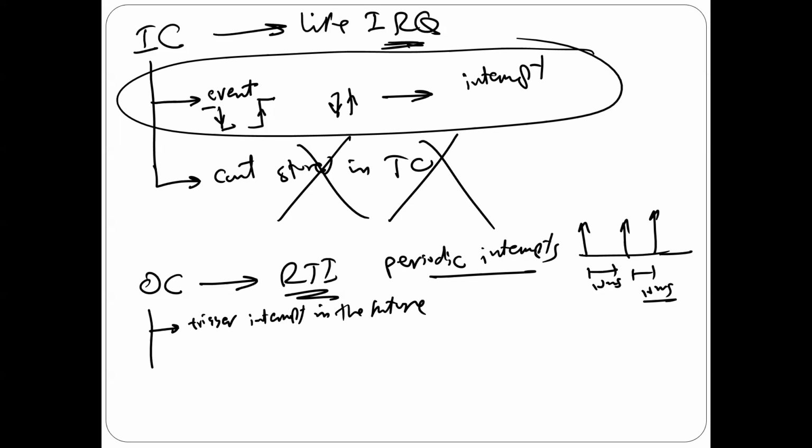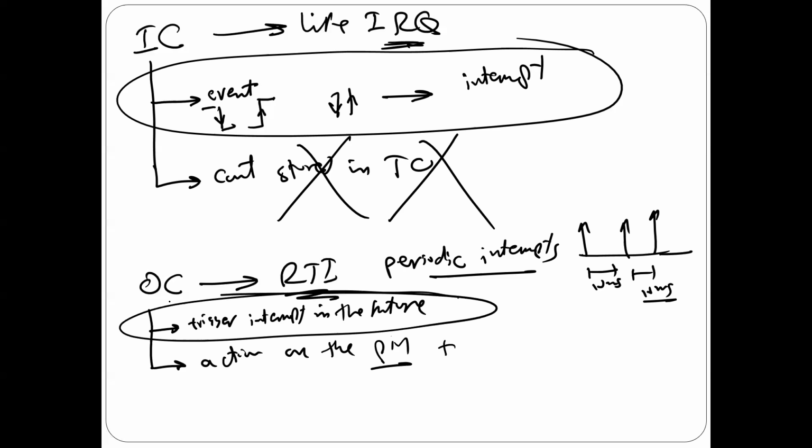So output compare is used if you want to trigger an interrupt in the future, plus an action on the pin. As I told you, I want to toggle the pin, or set the pin high, the pin low, and so on. Two things. So what is RTI? RTI is an interrupt in the future. That means I can use output compare to act as RTI.